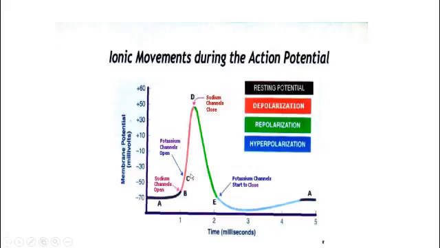This is the action potential, this whole spiky thing here. There's lots of ions flowing in, and that's called depolarization. And again, at the peak, we have a lot of positive ions inside.